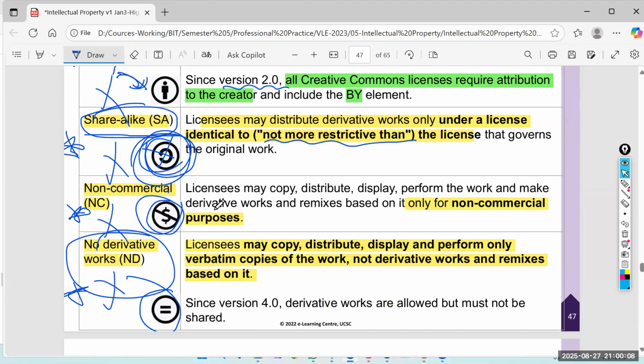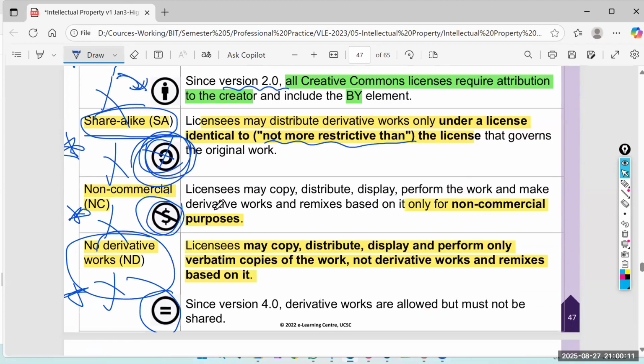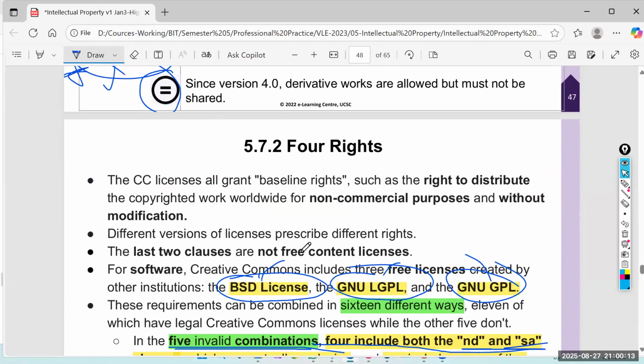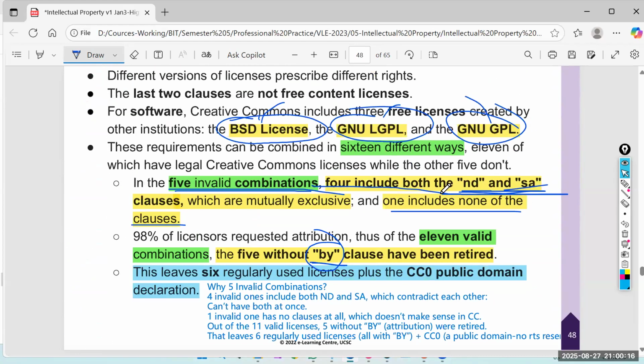Other thing is you can't have both ND and SA together. If you have ND-SA together, that is an invalid Creative Commons license. Theoretically you can build that kind of situation where you have both ND and SA, which is why we exclude four. Another one is if you have none of these symbols, that is also invalid. So there are five invalid combinations. At the same time, there are 11 valid combinations.